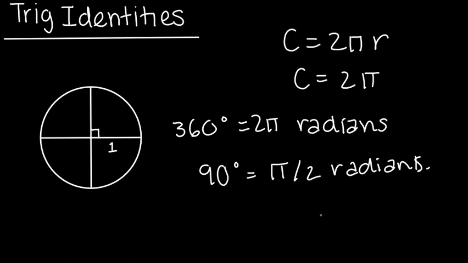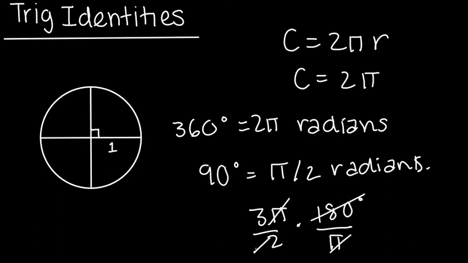If you just want to convert it, say you have the radians 3 pi over 2, if you want to convert this into degrees, then you would multiply this by 180 degrees over pi, because pi radians is equal to 180 degrees. And here these pi's would cancel out, and this would cancel out. We would have 90 times 3, which is equal to 270 degrees. So this is how you would convert from radians to degrees.